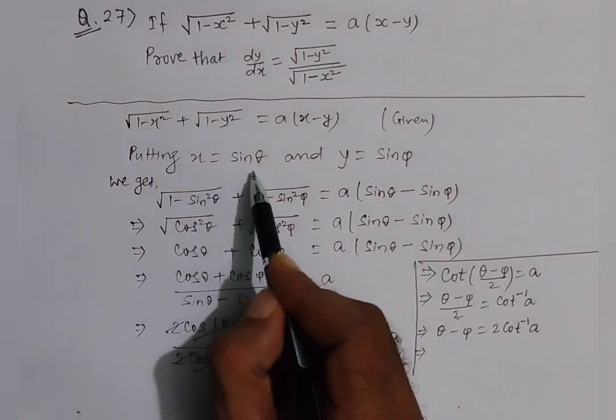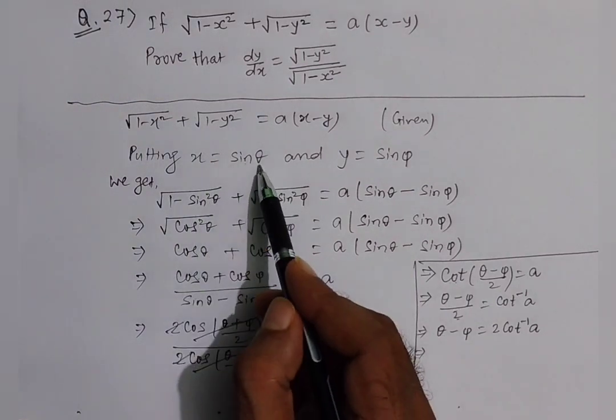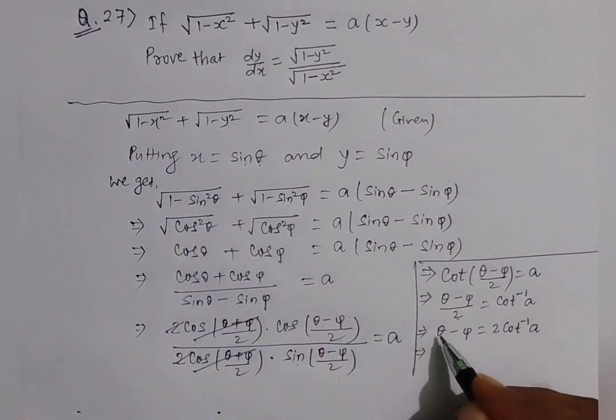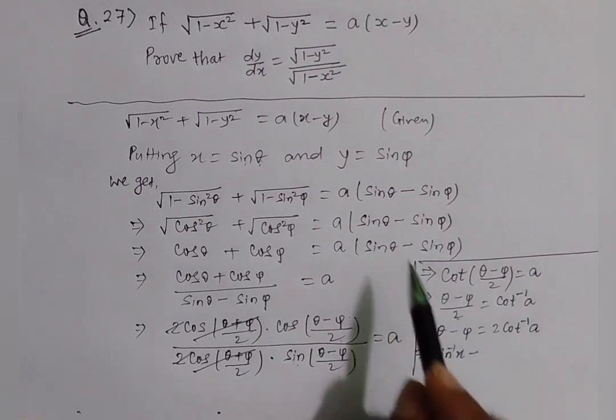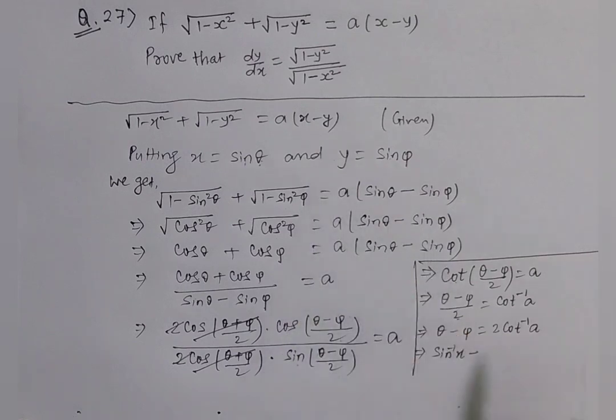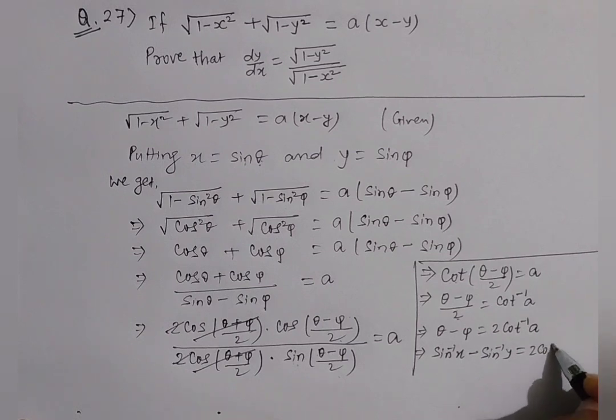Initially we assumed x equals sin theta, so theta is sin inverse x, and in the same way phi equals sin inverse y. So sin inverse x minus sin inverse y equals 2 cot inverse a. 2 cot inverse a is a constant, because it is independent of x and y.